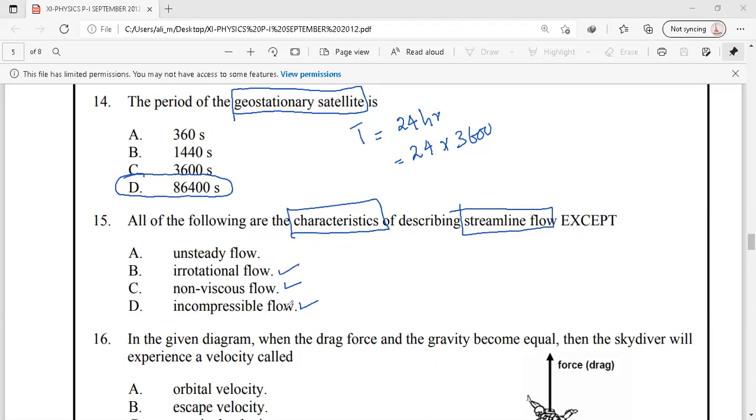These are the conditions for streamlined flow in a fluid. Option A shows that the liquid should have unsteady flow, which is not a characteristic of a fluid flowing in a streamline. So option A is the right answer.